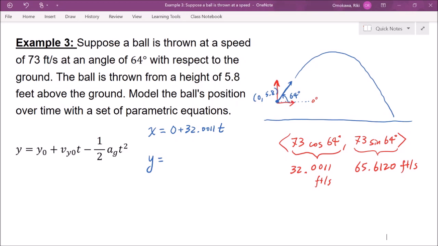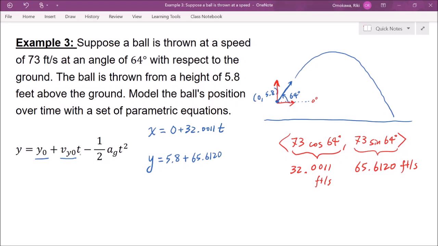And then here again is the general formula for height over time, as in y position over time. So where does y start? 5.8. And then plus, we said this is the starting y position. We said this is the starting vertical velocity. So when it's being launched, what's the vertical velocity? We found that, right? 65.6120.